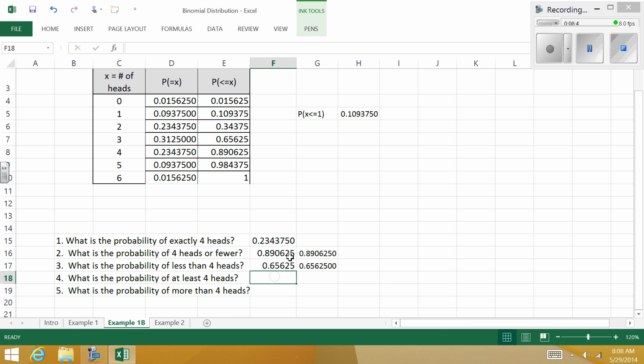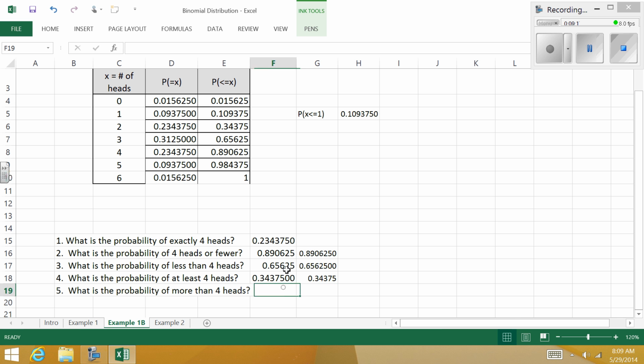Probability of at least 4 heads is going to be 4 or more. So a couple ways to do this. Maybe the more intuitive way is doing the sum. At least 4 heads would be 4, 5, or 6 heads. Another way to get at least 4 heads would be 1 subtract 3 or fewer heads.